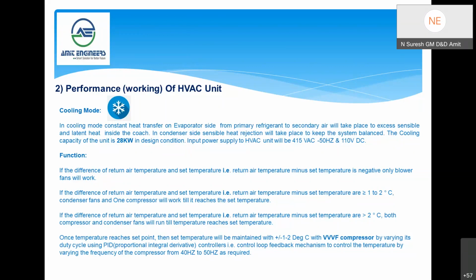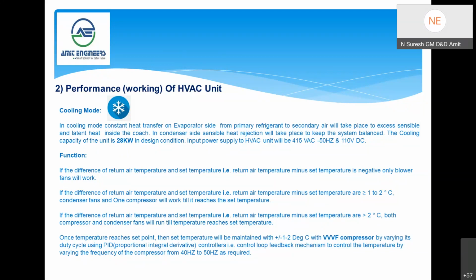Initially, what will happen? The controller will take the temperature and get the feedback from the temperature sensor. If the temperature inside the coach is less than or equal to the set temperature plus 1, then only the blower will work. Otherwise, if the ambient as well as the inside of the coach is less than 23 or 25, then only the blower will work.